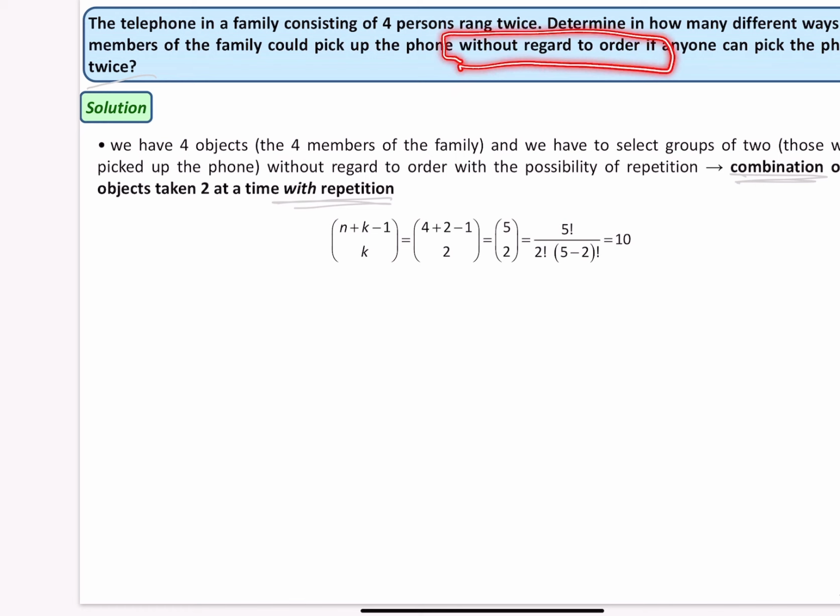So it is a combination problem, and there is a repetition. Yes, it rang twice and there are 4 people. So n equals 4, and with repetition k equals 2. So in the traditional way, it will be nCr, or nCk.